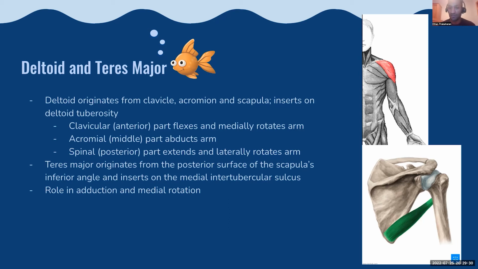I think the insertion is important here. If we pull the medial end, and you can see it's the anterior humerus as well, we're going to pull the humerus internally. So there's a role in medial rotation and also in bringing the arm closer to the body, which is a role in adduction.